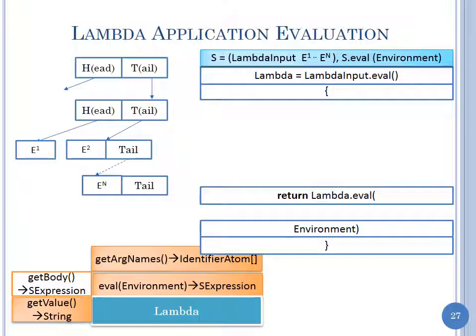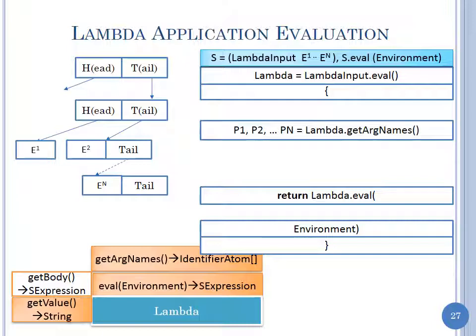So I need to go and assign those values in the environment, right? I need to assign to something. I get the arg names from the lambda. Those are the values to which I want to assign, right?